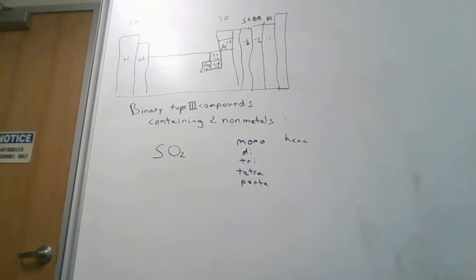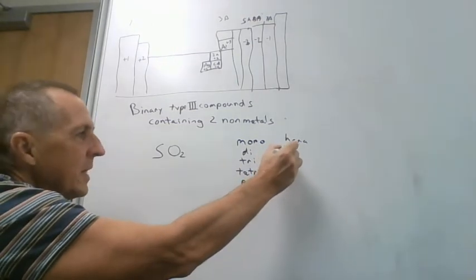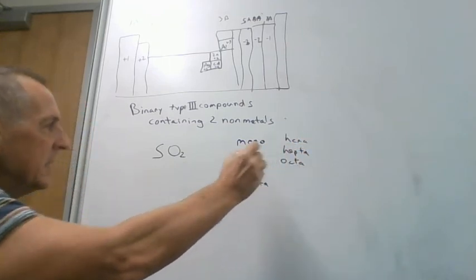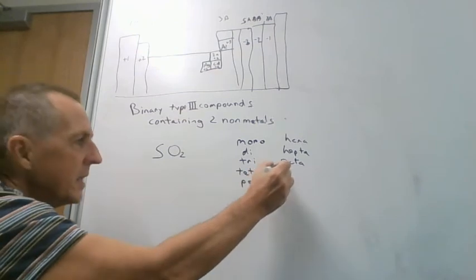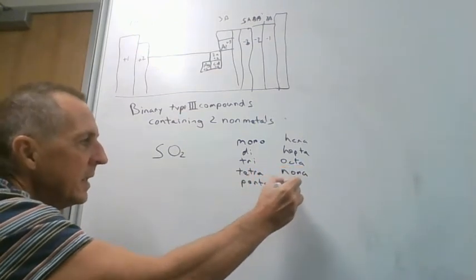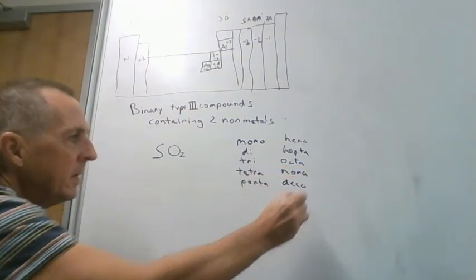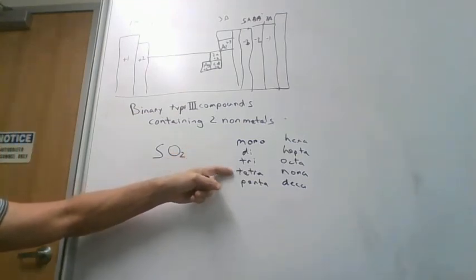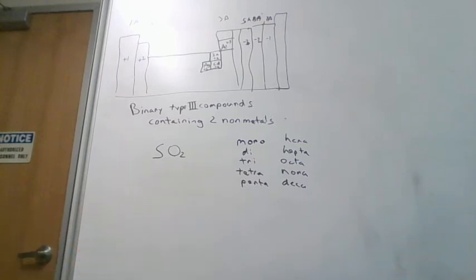And hopefully for our examples, we only go up that far. Now we keep going. So let's put them all out. Hepta, octa, and how far do we want to go? All the way to nona and deca. Mono means 1, di means 2, tri 3, tetra 4, penta 5, etc.